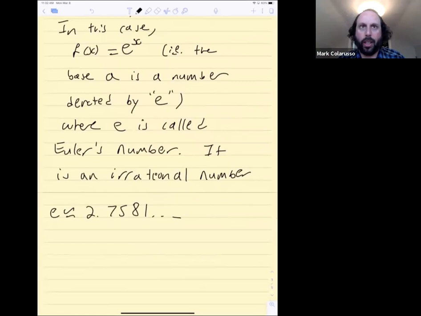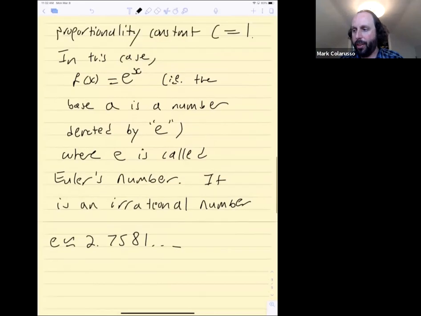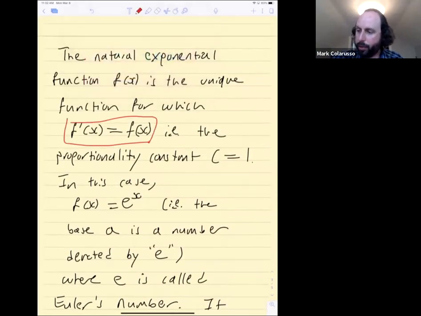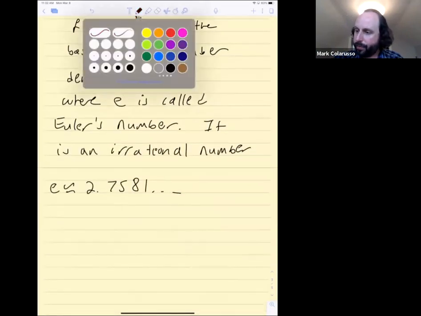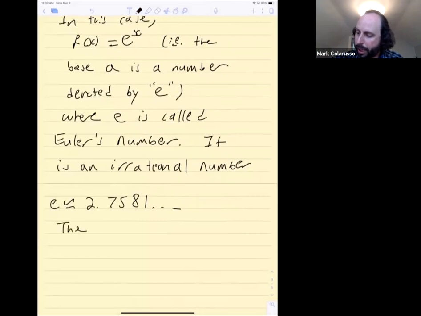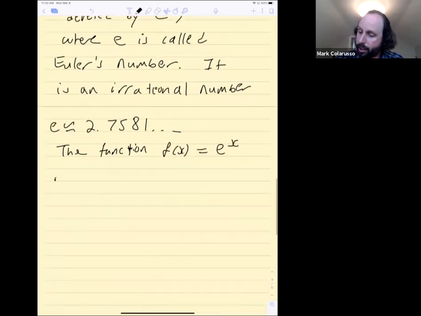Euler discovered this when he was studying calculus in the very, very early days, and this kind of issue about when is the derivative of a function equal to itself. And so the function f of x equals e to the x is called the natural exponential function.